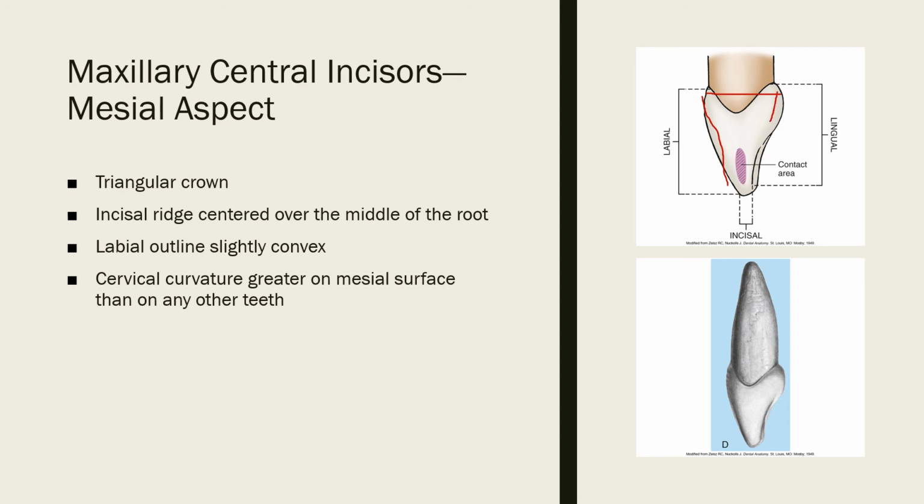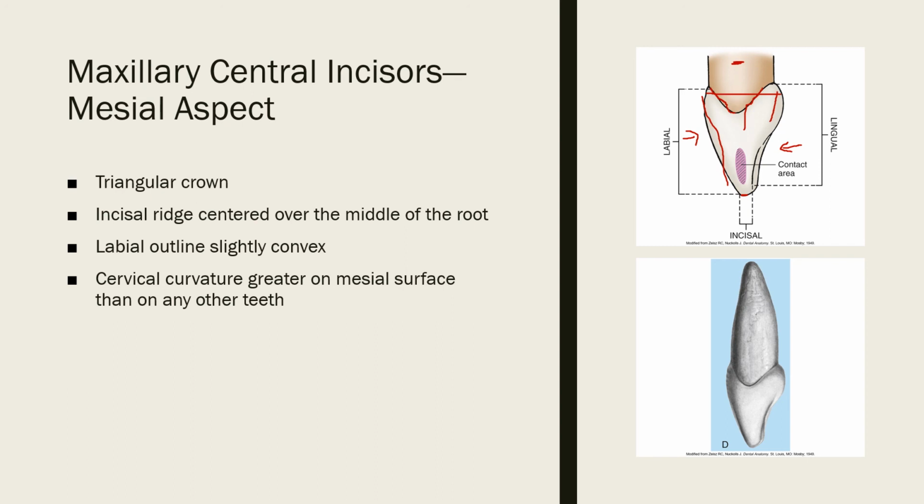And then notice that this incisal ridge goes right over the mesial, or the central part of the root. The labial outline is going to be convex, that's right here, meaning coming out, and then the lingual is going to be concave. All right, that's that shovel appearance. The cervical curvature is going to be greater on the mesial surface, so that's this line right here, okay?